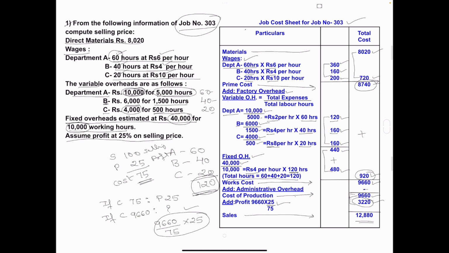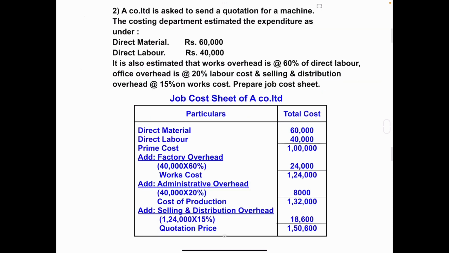Okay, hope you got the solution. Problem number 2. A company limited is asked to send a quotation for a machine. The costing department estimated the expenditure as under: direct material 60,000, direct labor rupees 40,000.